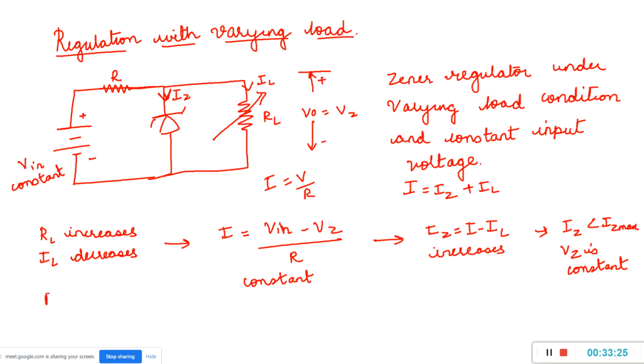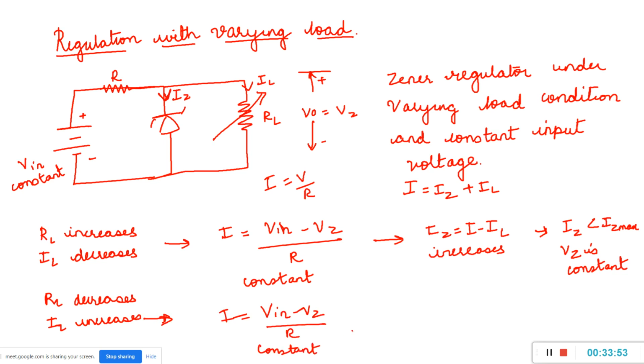constant. Now next condition is RL decreases. RL decreases means current increases. So this gives us that I is equal to V in minus Vz divided by R, that is again a constant, which gives us that Iz is equal to I minus IL decreases.